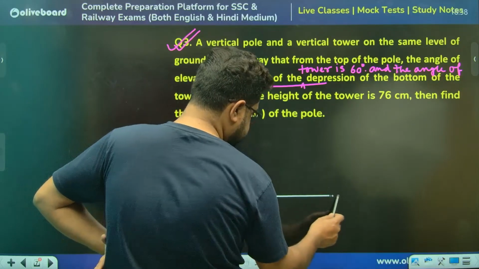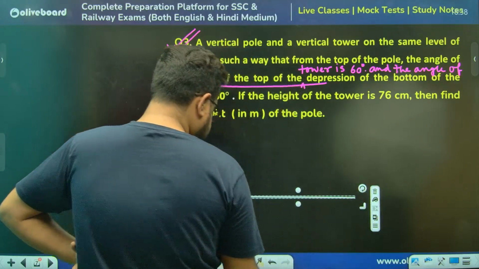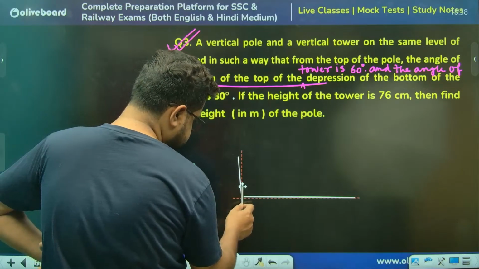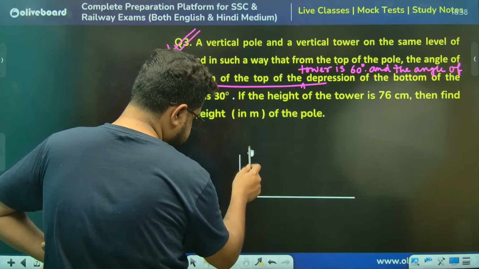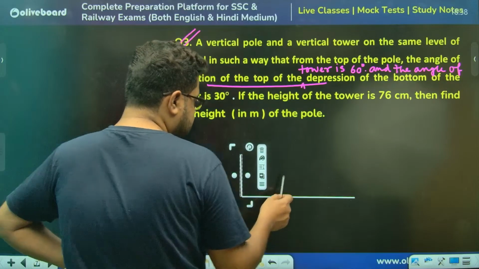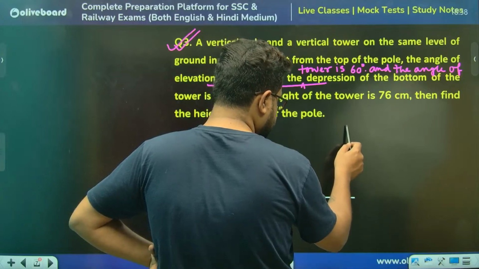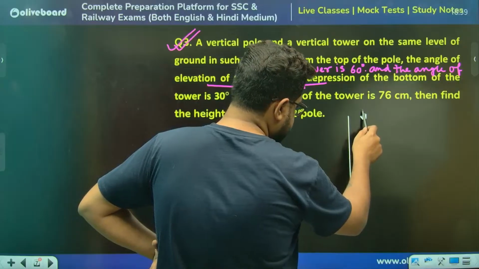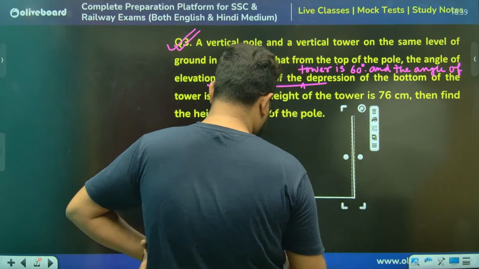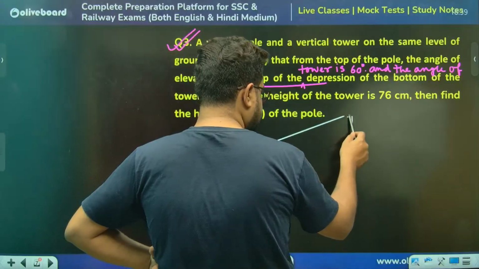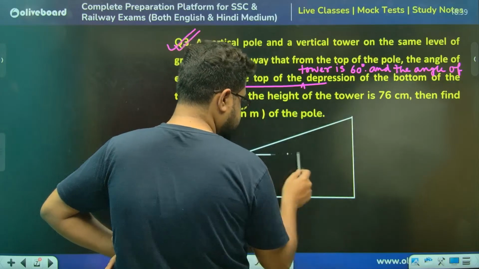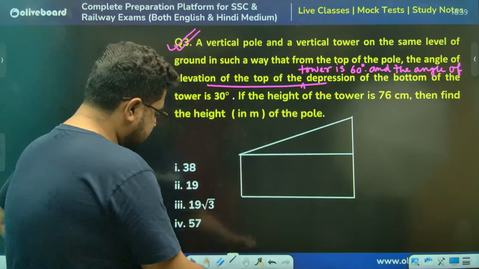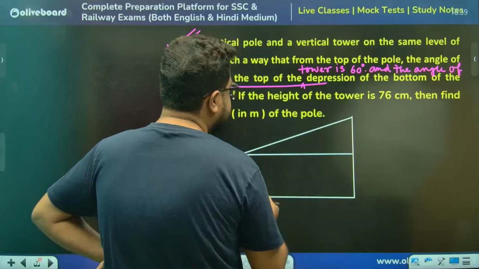So it looks something like this. This is a pole. Okay. Now this is your tower. This is your pole.